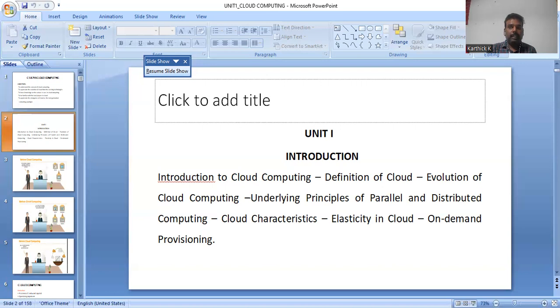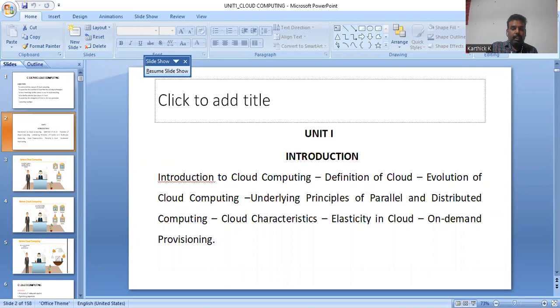Right? So this is the diagram. The applications of parallel computing are databases and data mining, real-time simulations of systems, science and engineering, advanced graphics, augmented reality, and virtual reality.